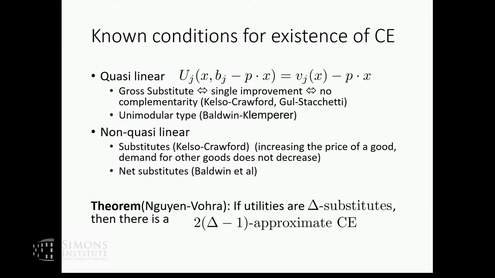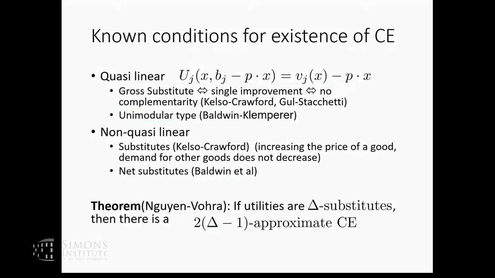So what do we know about the existence of competitive equilibrium for discrete goods? There are two subcategories. If the utility is quasi-linear, which is just the value of bundles minus the money, then we know that gross substitutes is equivalent to single improvement and no complementarities, and then we know that equilibrium exists.